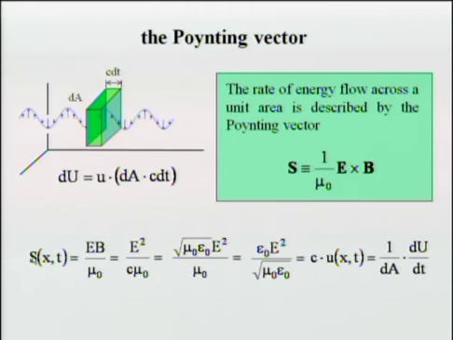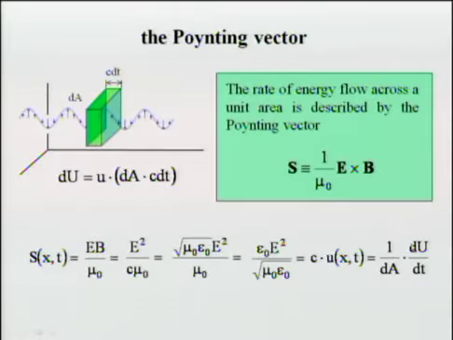So it says how much energy. Probably the best way to phrase it would be that this is the rate at which energy is being transferred through the surface per unit area of that surface.